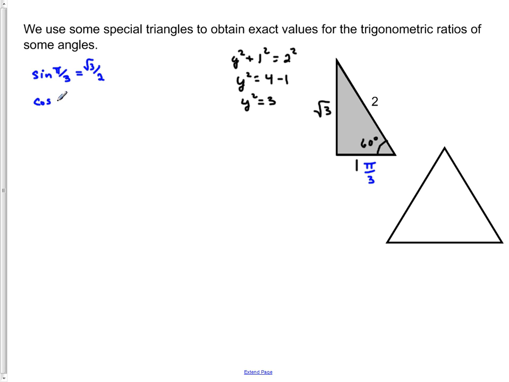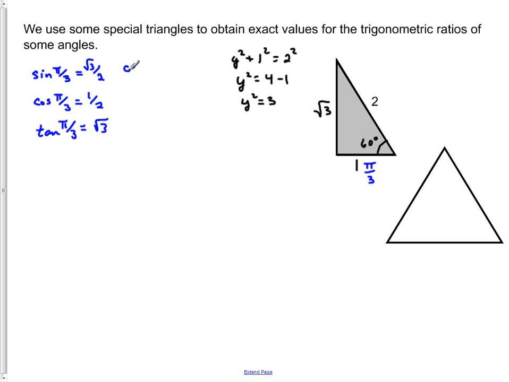The cosine of pi over 3 is adjacent over hypotenuse, which is 1/2. The tangent of pi over 3 is opposite over adjacent, radical 3 over 1, which is just radical 3.